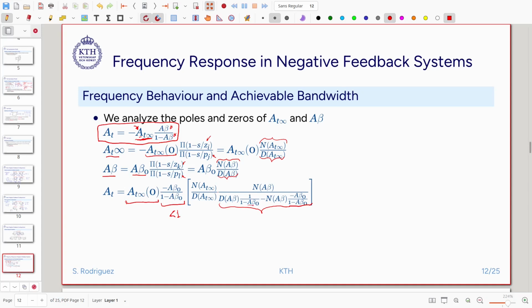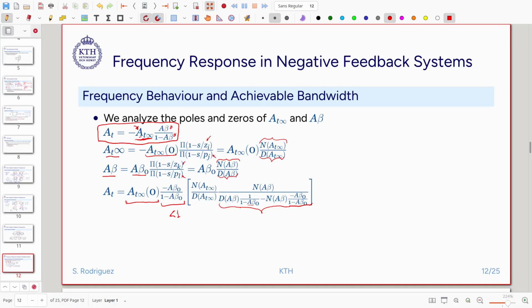So the loop gain is basically affecting this denominator. And then we have also the numerator of A beta, that is multiplied by this factor. So we have poles and zeros in this transfer function. The main interesting thing that we have here is that they are going to be affected by the gain. They are going to be moving.